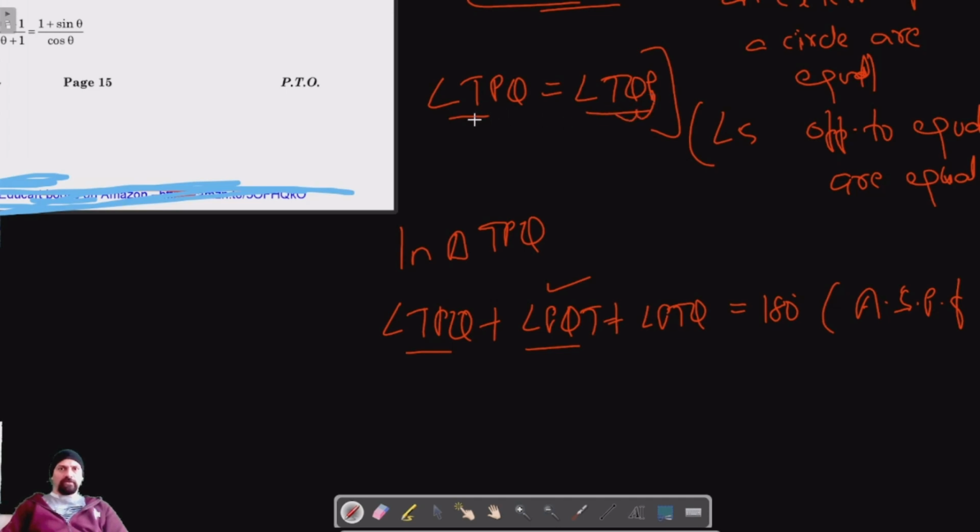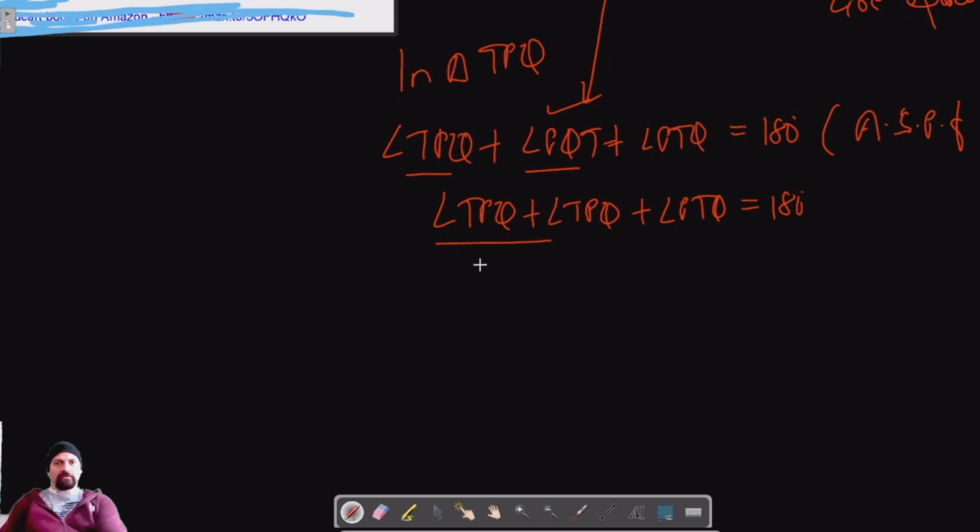So this is angle TPQ plus angle TPQ plus angle PTQ is equal to 180 degrees, and this is 2 times angle TPQ plus angle PTQ is equal to 180.